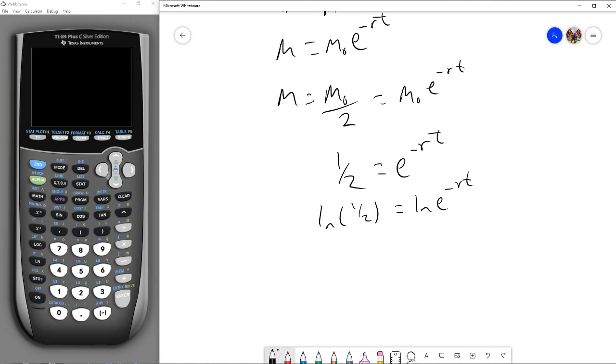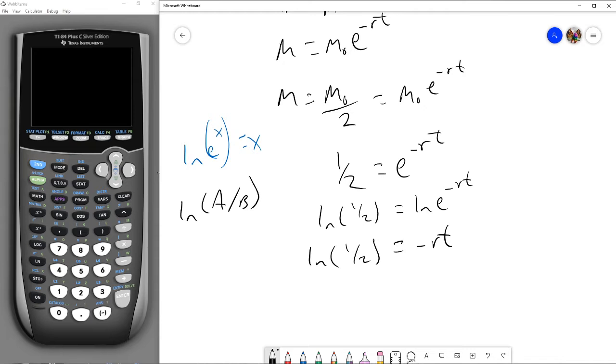Now on the right side, natural log of e to the x is just x. So we have natural log of 1/2 is equal to negative rt. Now on the left side, we have a natural log of two things divided by each other, and if we recall the law of logs, we can break it up into subtraction.